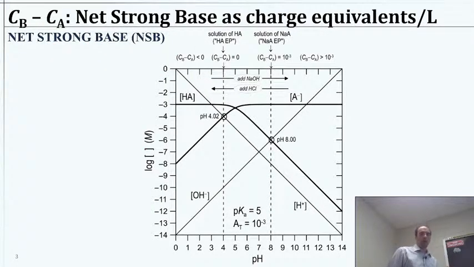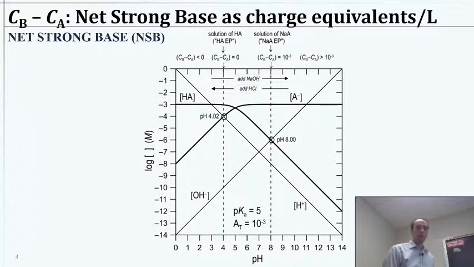So, putting this graph up here a little bigger, here are a couple other notes on it for us to take a look at. If we have Cb minus Ca less than 0, we are on the left side of this HA equivalence point. If we are adding HCl, we're heading in this direction. If we're adding NaOH, heading to the right, and that'll move us across these places.